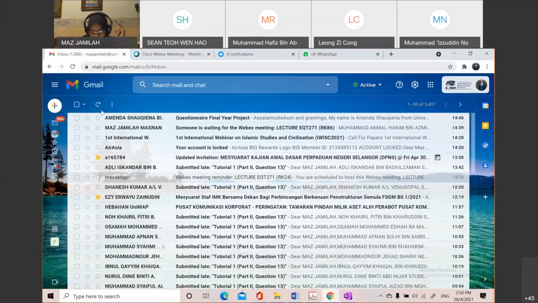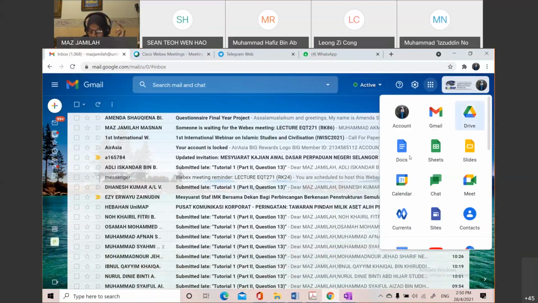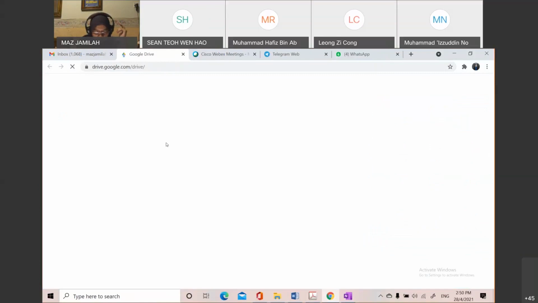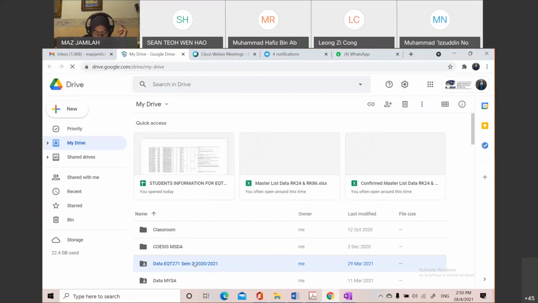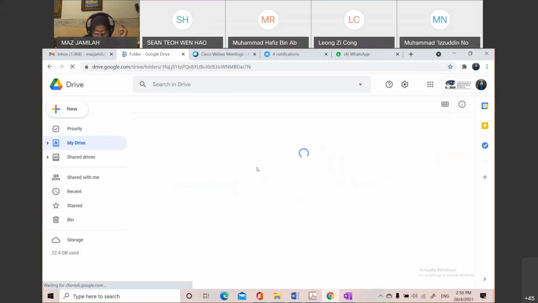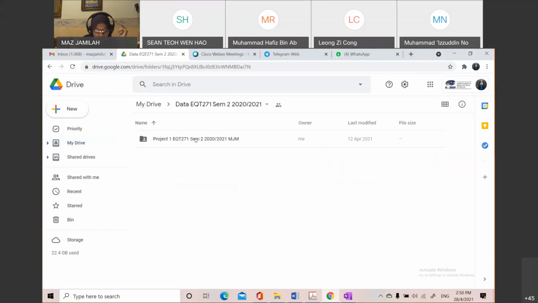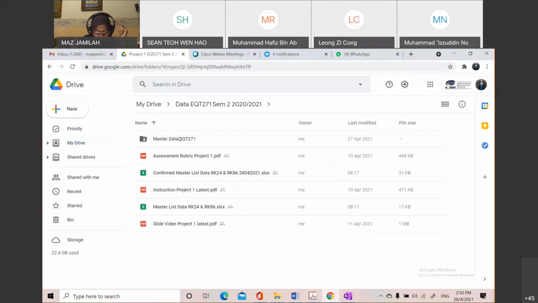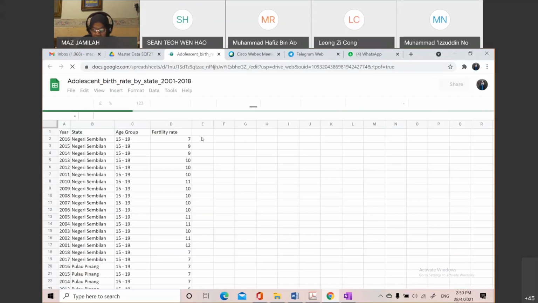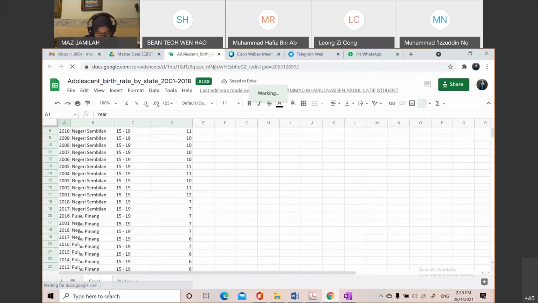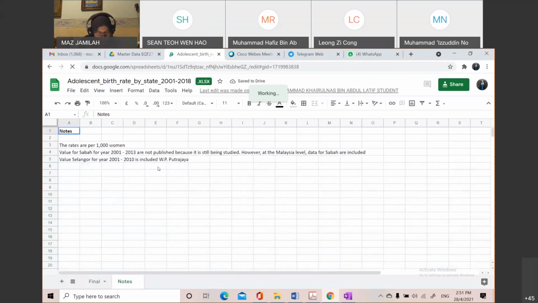Okay, what happened is that if you are talking about your data set, I know some of you may not have the source of your data, but some of your data reflect the place of your data collection. For example, I just choose one. Worst case scenario, if you don't know, for example, this one has some notes here.